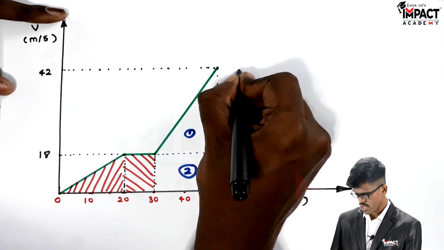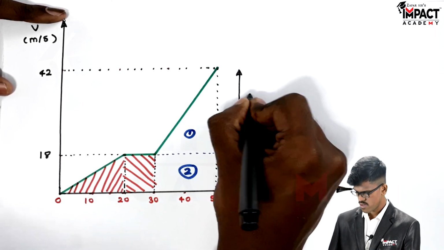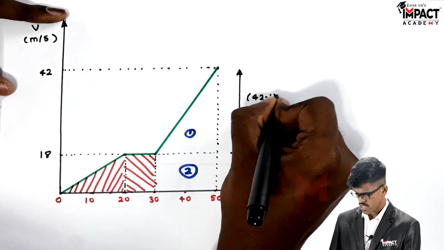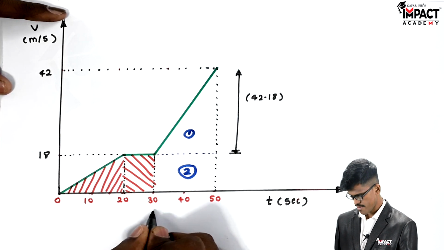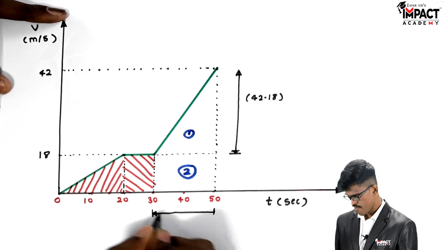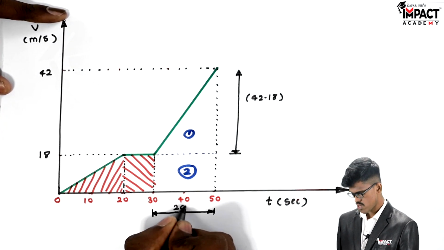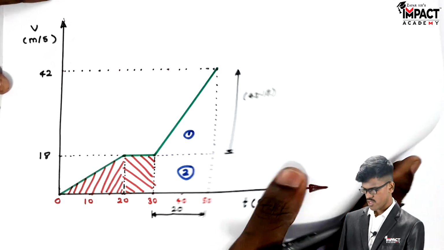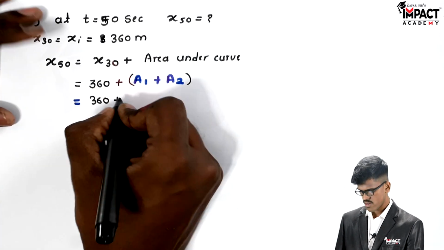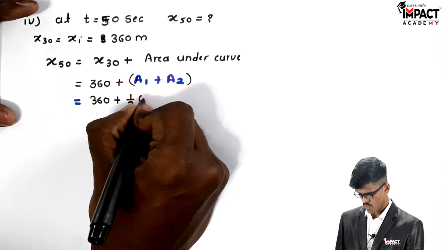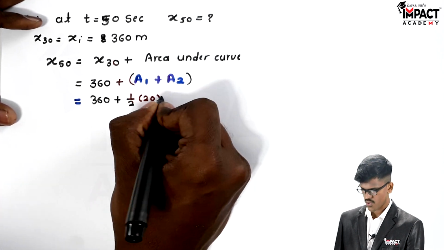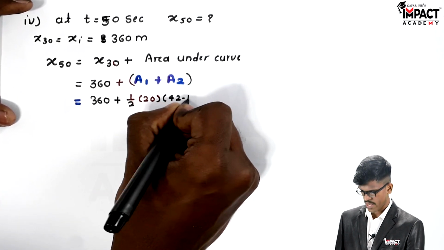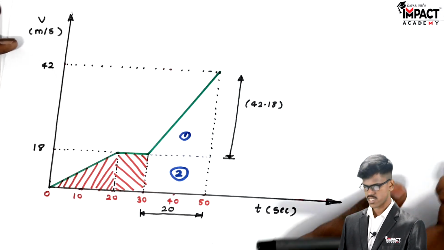This is the height of the triangle, that is 42 minus 18, and base will be 50 minus 30, which is 20. Okay, so A1 will be half into 20 into 42 minus 18, which is area of section 1.